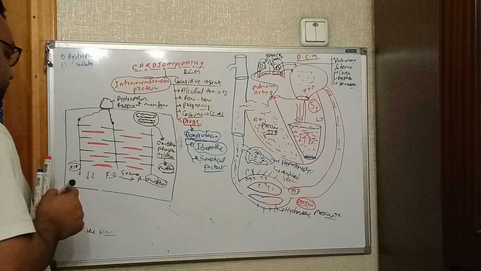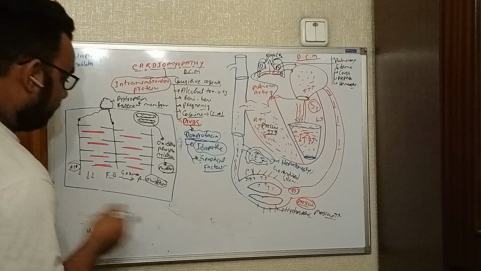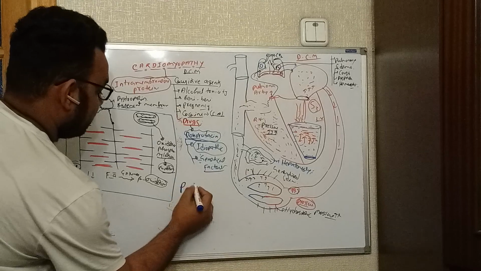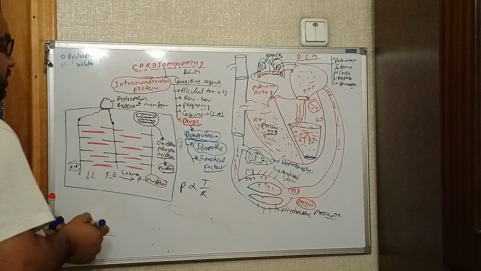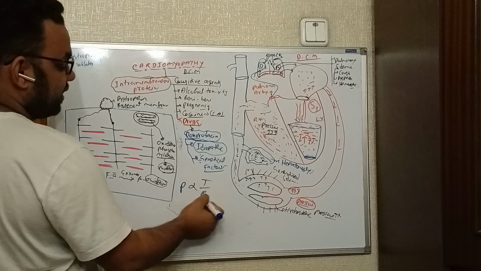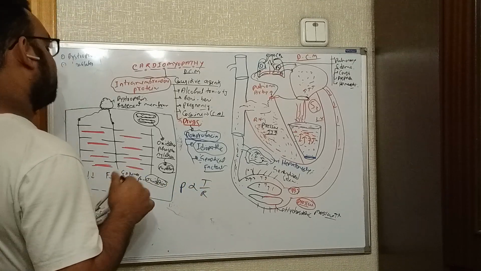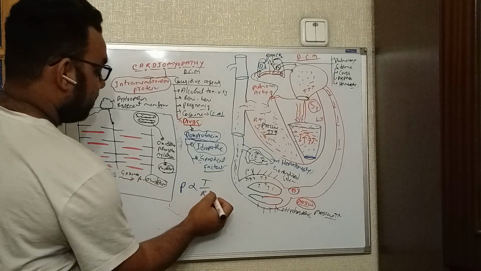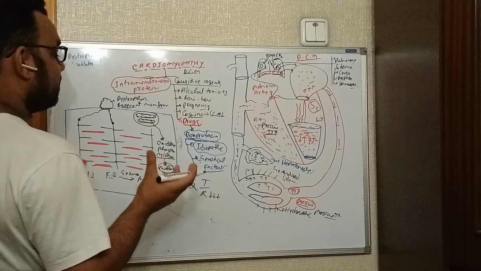Okay. So from Laplace's law, what do we know? That P varies as T by R. T stands for the tension, R for the radius. Definitely in dilated cardiomyopathy, undoubtedly we can say the radius will be more because it is getting dilated. And the tension means the force.